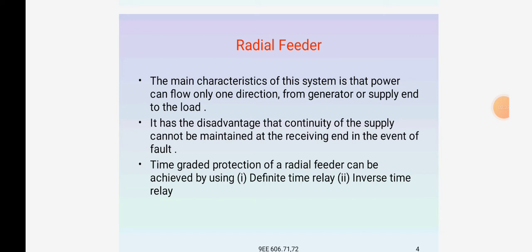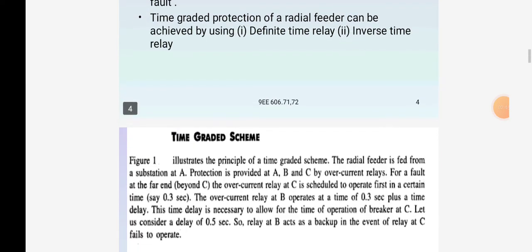Relay 4 has an operating time of 0.8 second, while for the other relays the time delay is successively increased by 0.4 seconds. Normally, the time delay step lies between 0.3 seconds and 0.5 seconds.